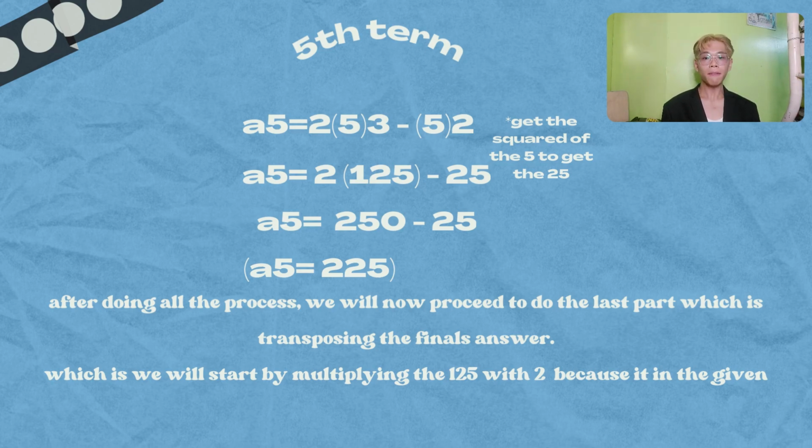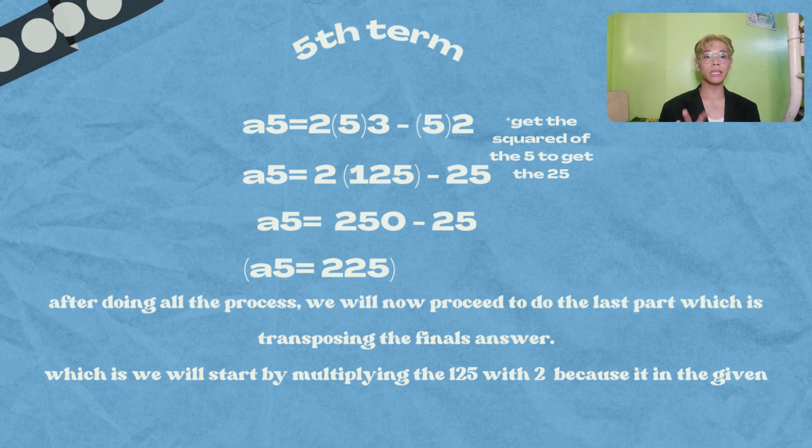So it will be a5 is equals to 2 times 5 raised to the third power minus 5 raised to the second power. What we did is that we only changed all the n into what we need to find. Because the statement given says that we need to compute the first to the fifth term of the sequence.